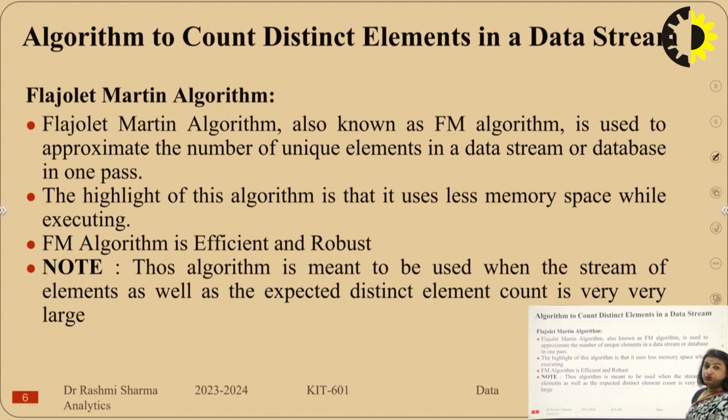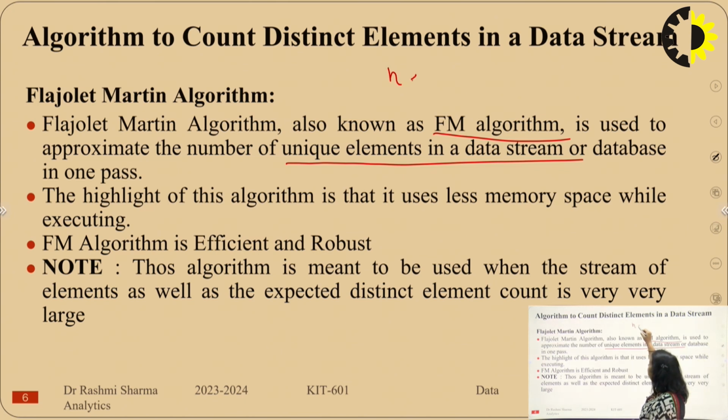So coming to the Flajolet-Martin algorithm, this is also called the FM algorithm, and it approximates the number of unique elements in the data stream or the database in one single pass. We don't do a next pass. A single pass is being done, and through that traversing, if I have n elements in the stream, then the complexity becomes order of n.